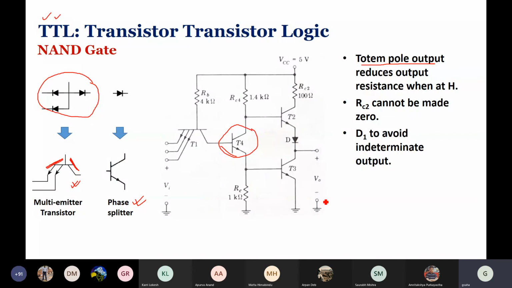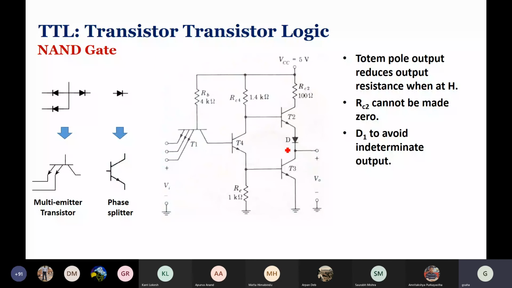And this is the standard TTL, which became popular after the RTL and DTL. Now we shall discuss its transfer characteristics later on.